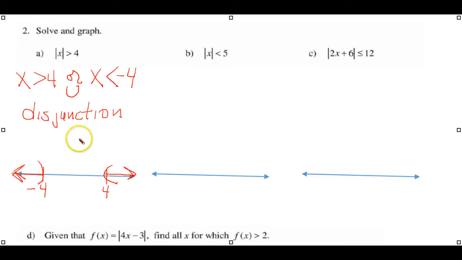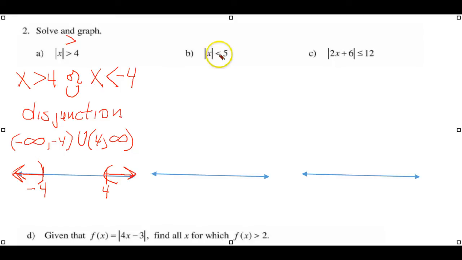And in interval notation, although they're not asking for it, it would be from, again, negative infinity, a little review, up to negative 4, union 4, positive infinity. So anytime you have absolute value is greater, you're going to have a disjunction, and that's going to be an OR.